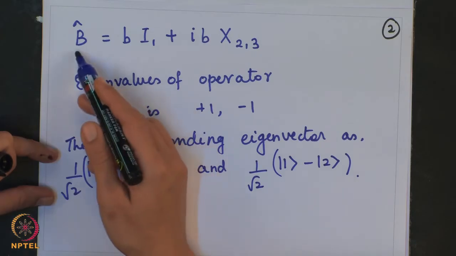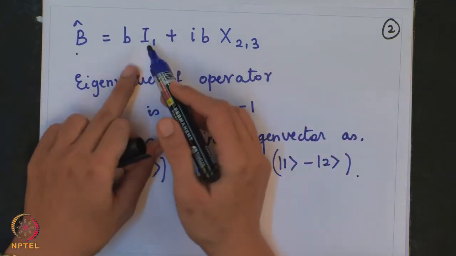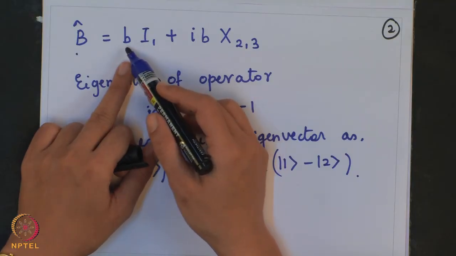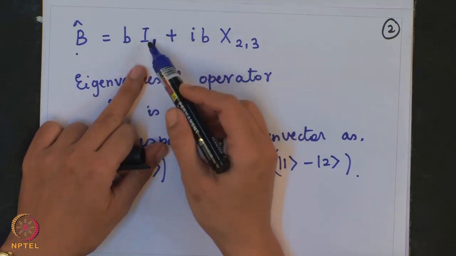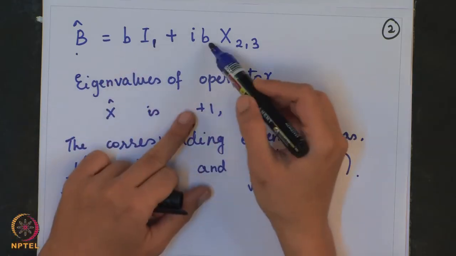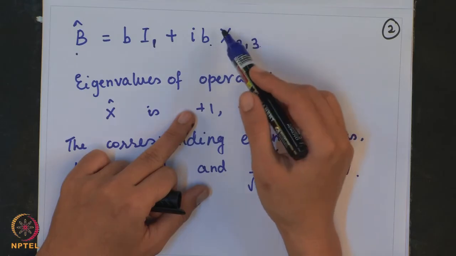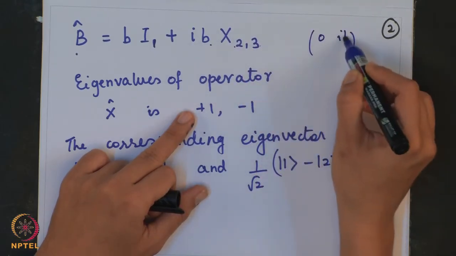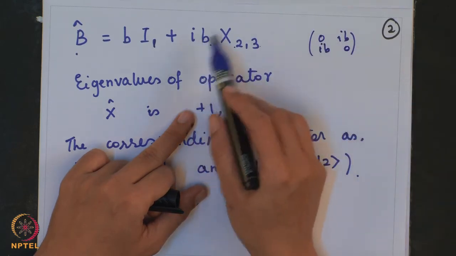Now we have written B in terms of x and I. Let me explain this to you. B is the coefficient which is real, I1 corresponds to the first component, the 1 1 component, and IB 2, 3 means the second and third. So this part is 0, IB, 0, and the rest of the terms are 0.